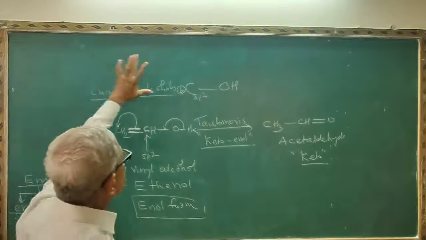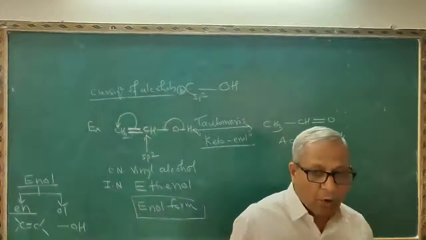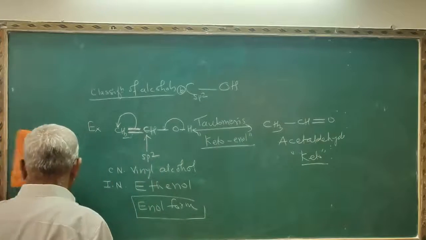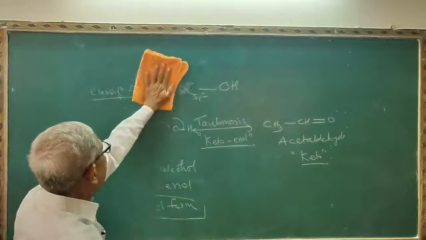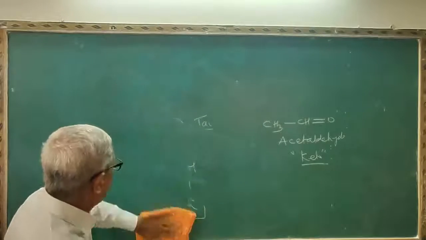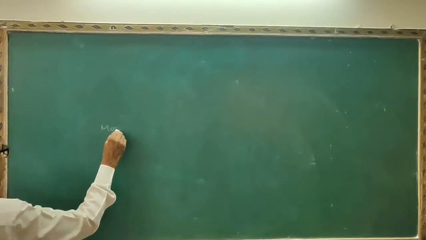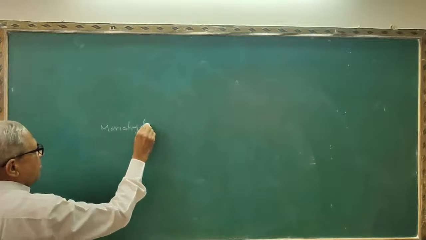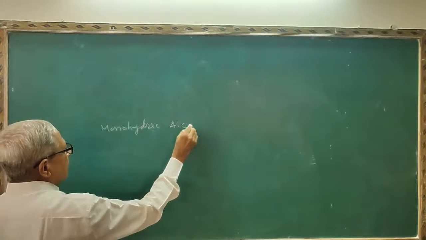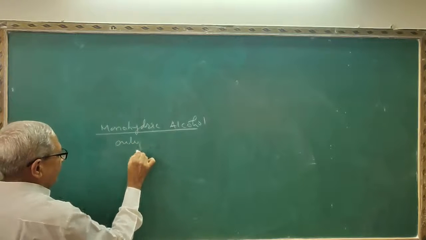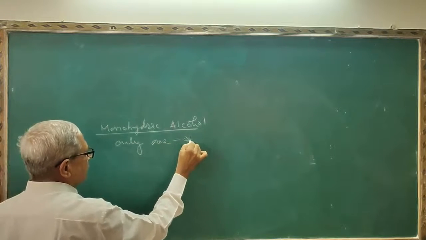Now we have completed the classification of monohydric alcohols. So let us take a brief revision of the title, classification of monohydric alcohols. Yesterday you learned it in summary. First point, this will contain only one OH group.